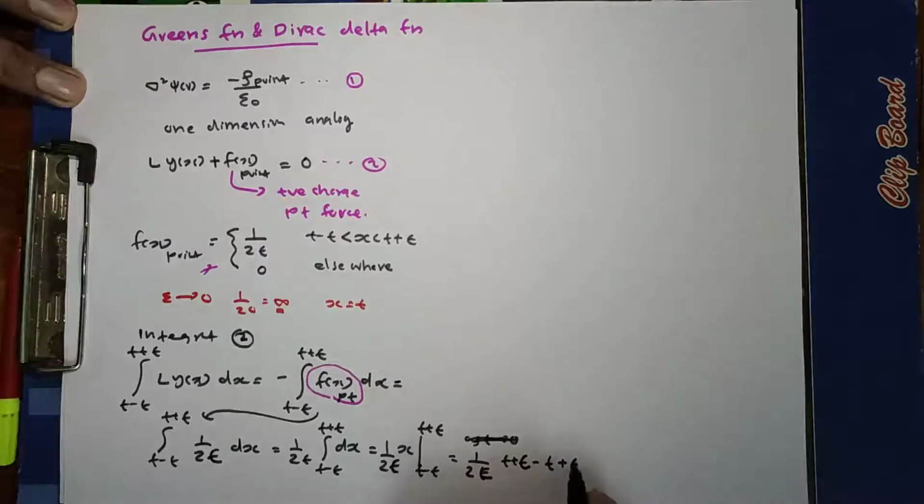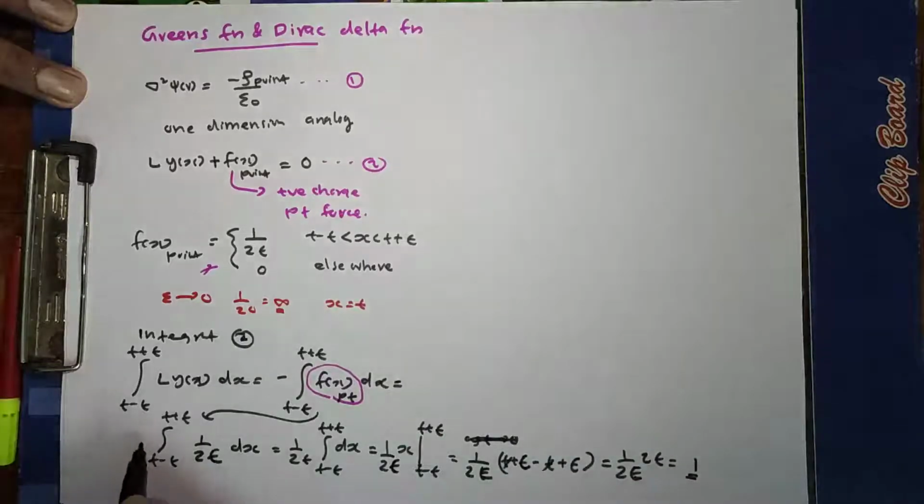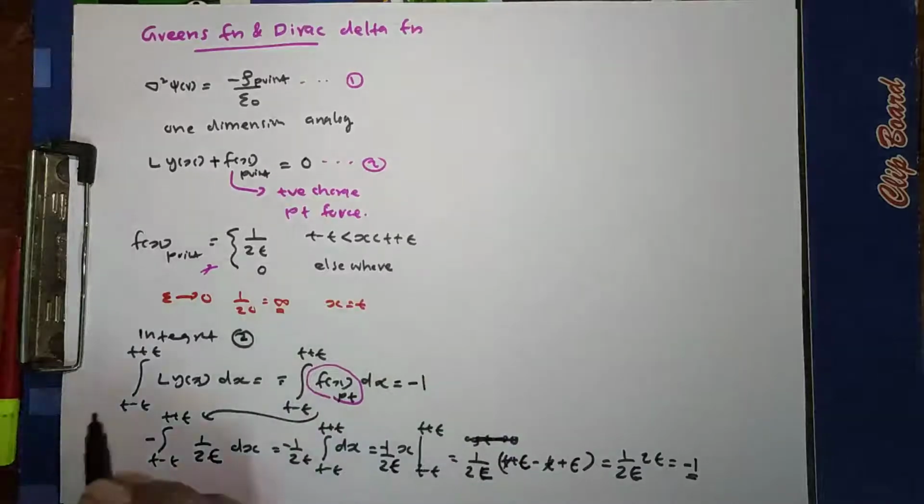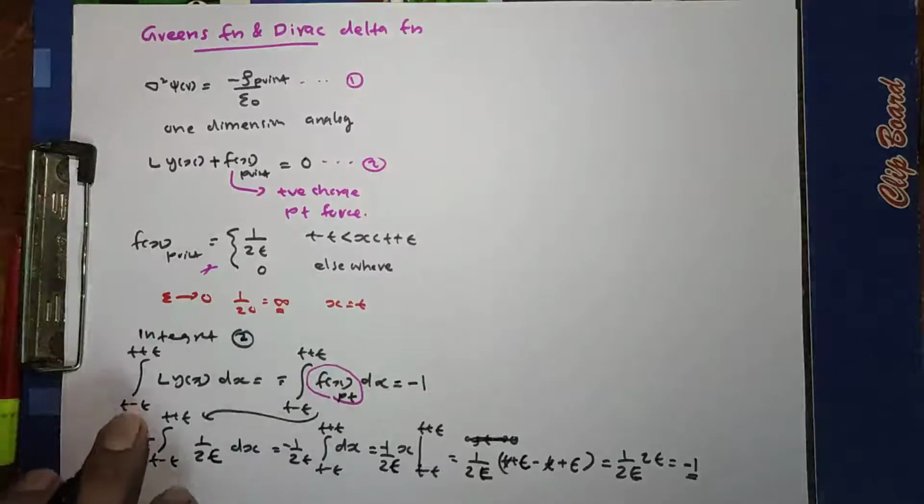So this will be equal to 1 by 2 epsilon into 2 epsilon, as t and t cancel. This integral is equal to 1. With the minus sign applied, this term is equal to minus 1.